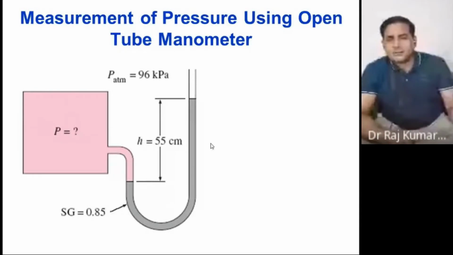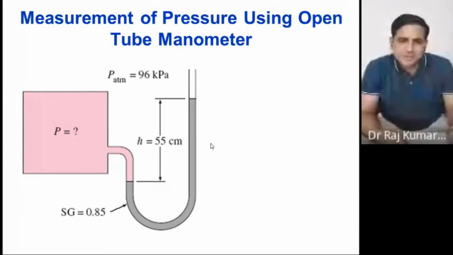Because you see the logic from your calculations, you have atmospheric pressure 96 kilopascal, and if the pressure is close to 100, just 5 kilopascal cannot change 55 centimeter of a fluid of just 850 kg per meter cube.